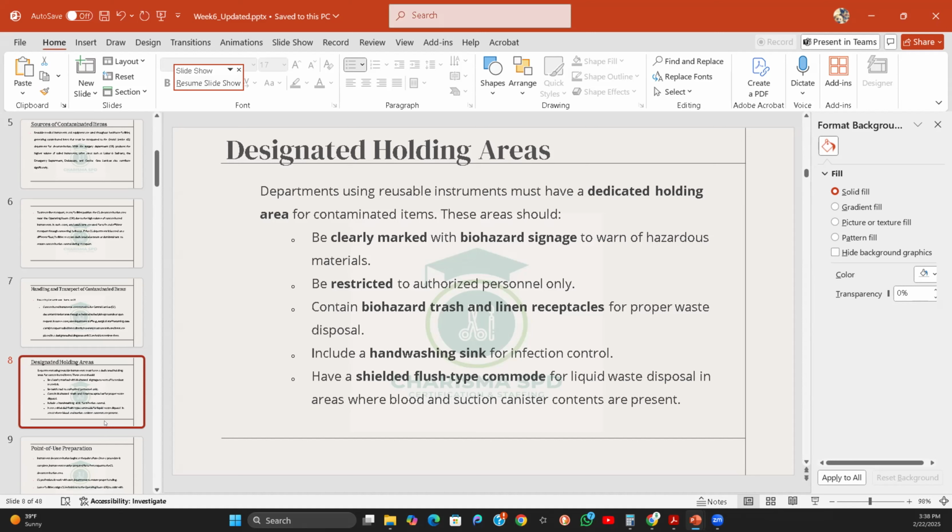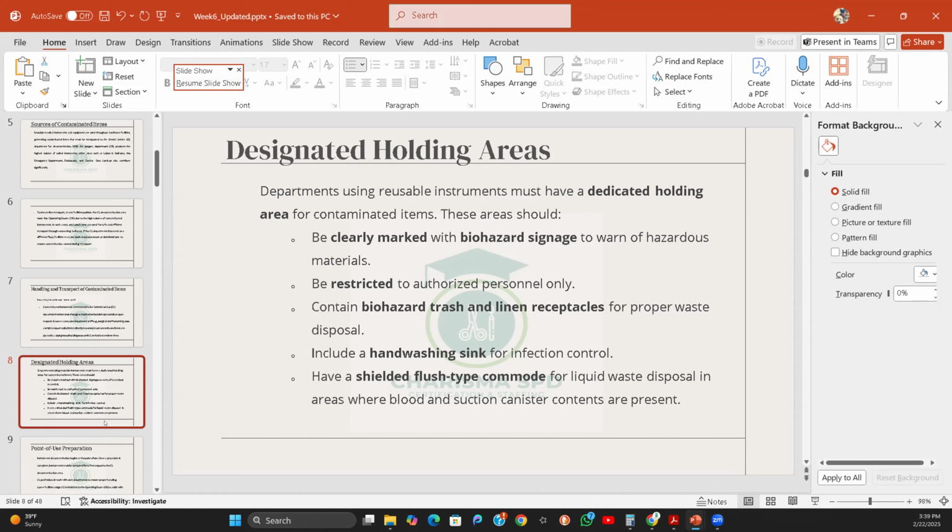So you should have a biohazard trash. You should have a linen receptacle. Okay, you should have a place whereby you can remove your gloves and throw them in there. You can remove disposable towels that are soiled with fats, bloody tissues, bone chips, and what have you.